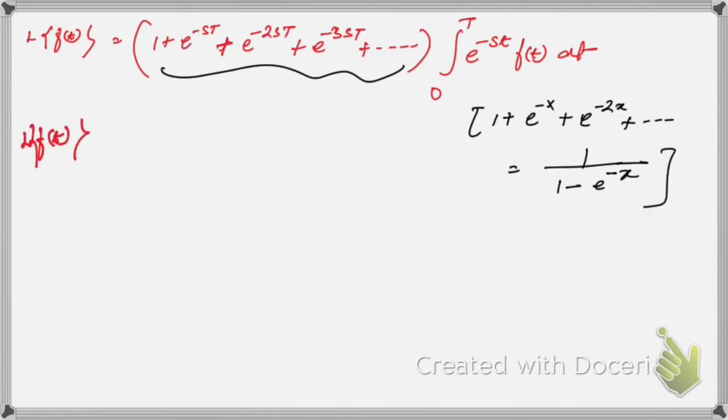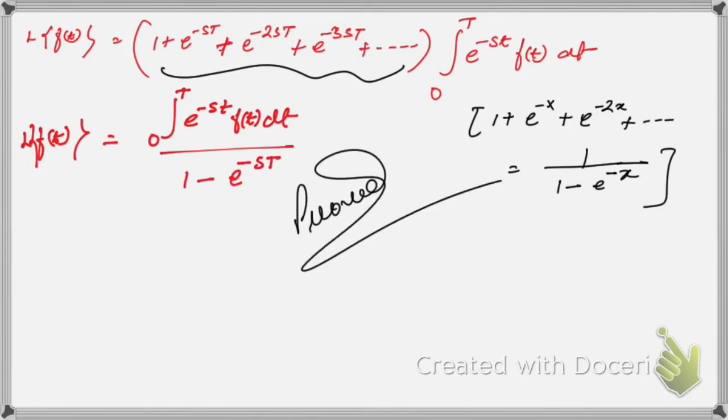Then the sum of the terms of the series within the bracket gives you, first let me write the integral part, then the series is going to give you this, right? So that's how we're going to prove it.